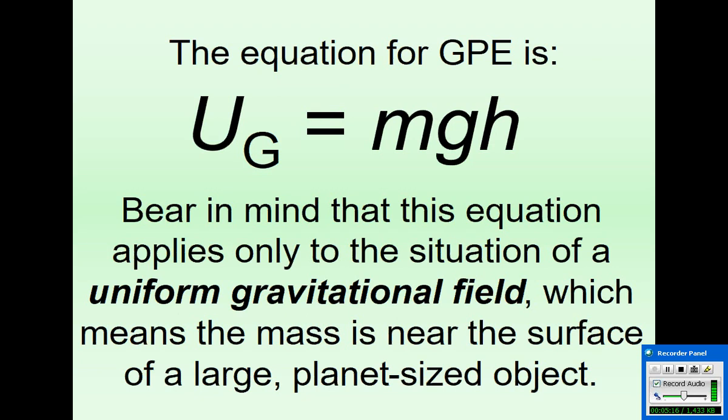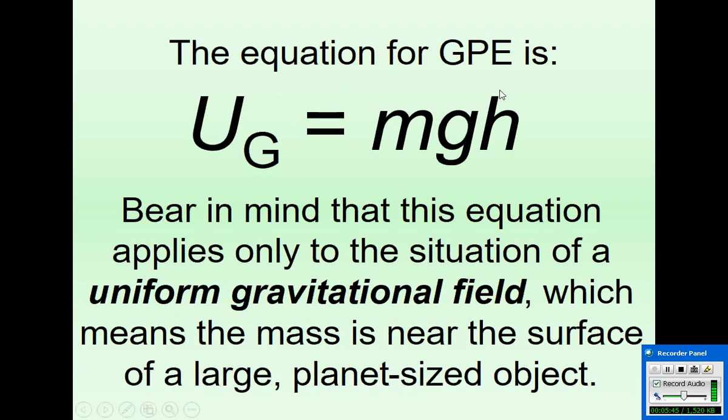And gravitational potential energy is equal to mgh. We said it depended on m, we said it depended upon g, we said it depended on h. It increases with m, it increases with g, it increases with h. That agrees with what we said on the previous slide, so hopefully, at least conceptually, this formula makes sense. And it's not just conceptual, this is the formula for gravitational potential energy.